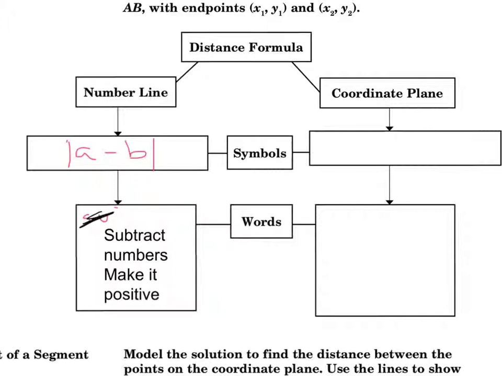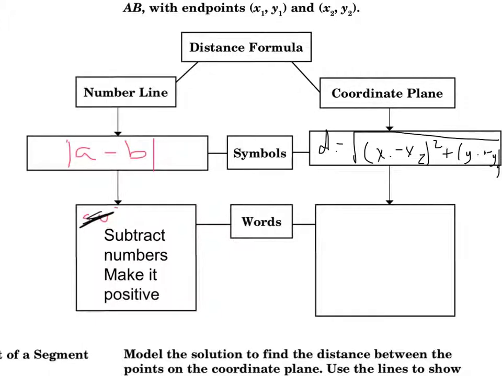Alright, coordinate planes are a little bit more difficult. It is D equals the square root of, that's a square root sign, x1 minus x2 squared plus y1 minus y2 squared.